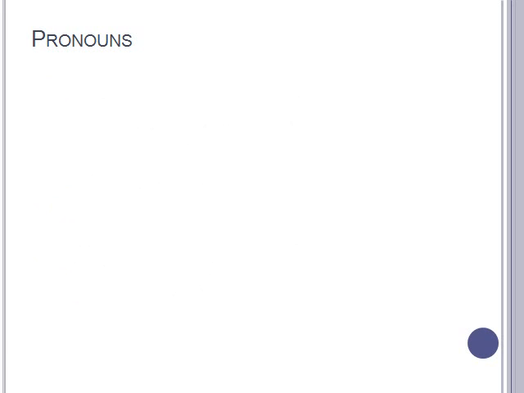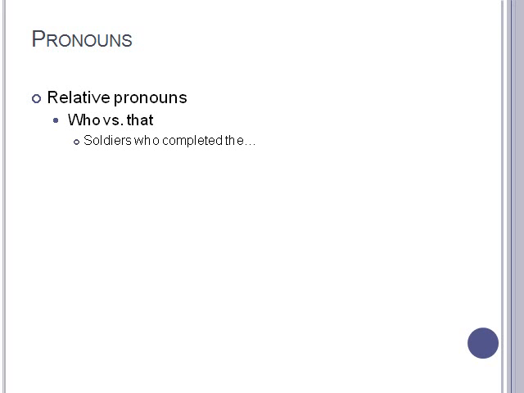So some more on pronouns. Talking about relative pronouns, these are pronouns that link subordinate clauses to nouns. One decision you may have to make is, should I use who or that? Well, the basic rule is who for humans and that for non-humans. So, soldiers who completed the task.